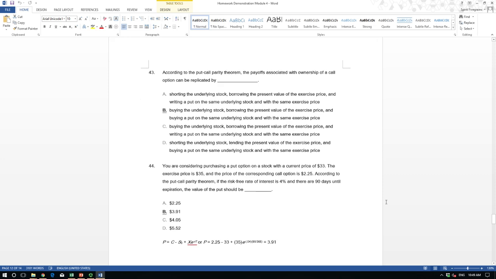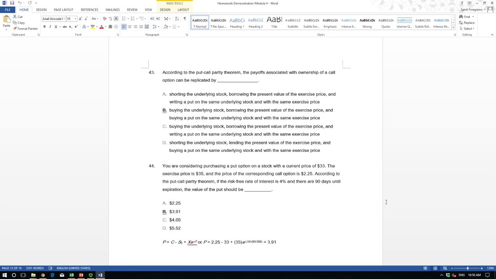Number 43. According to the put-call parity theorem, the payoffs associated with ownership of a call option can be replicated by doing what? C minus P equals stock price minus the present value of the exercise price.